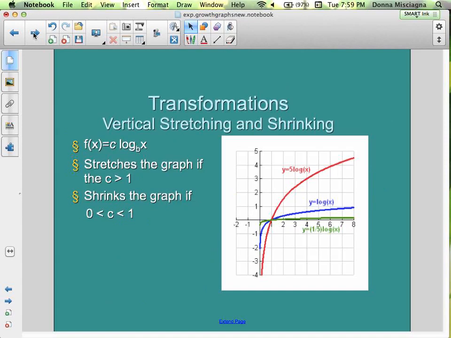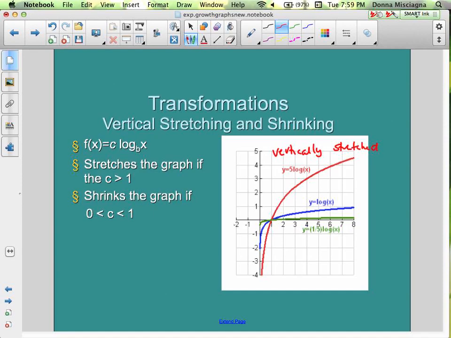Yeah, vertical stretching and shrinking. So we have vertical stretch. Here we have y equals 5 log of x. This one is vertically stretched, and that's because that coefficient, C there, equals 5, and 5 is greater than 1. So it's going to grow faster.